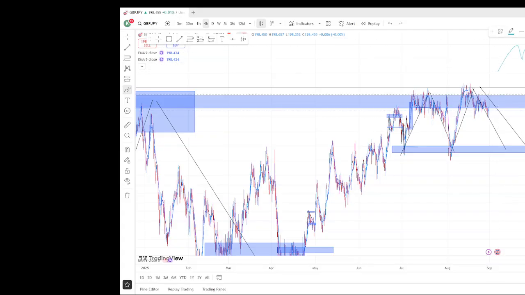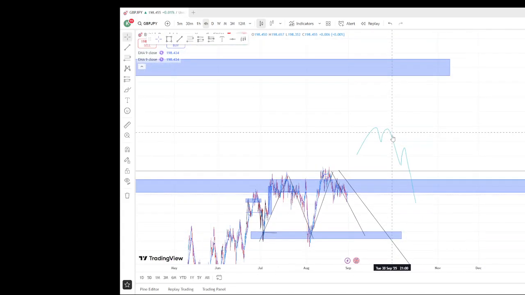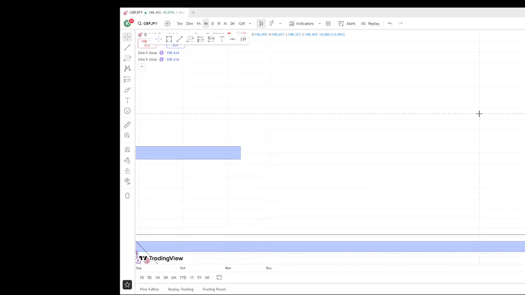And then it would make a move like this. So let me draw it a little bit better. So a double top and a double bottom is a market pattern.